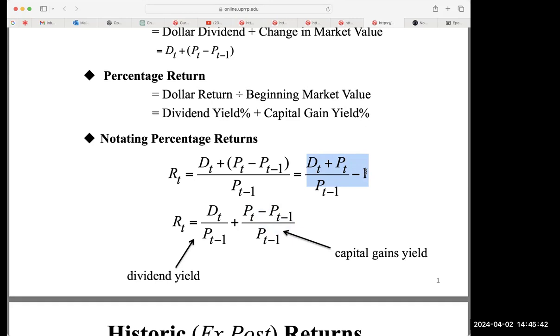So we have to take minus 1. It's the same notion: for every dollar invested, this amount is net of 1.